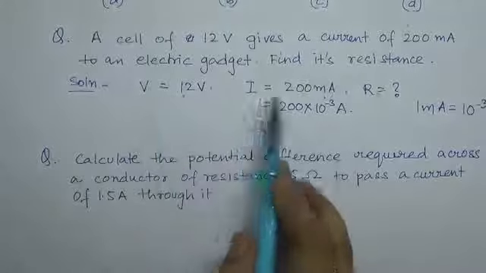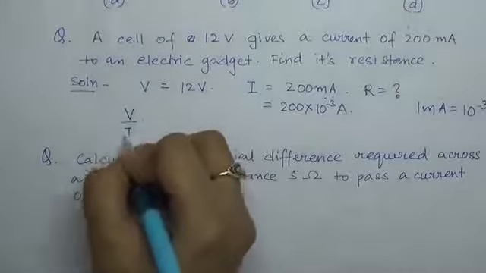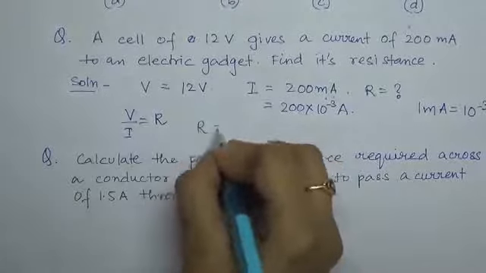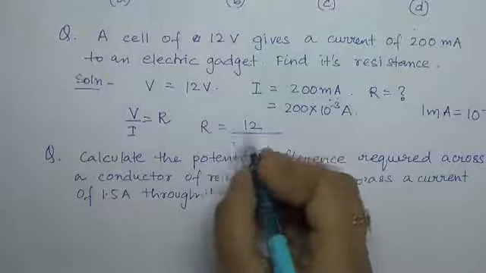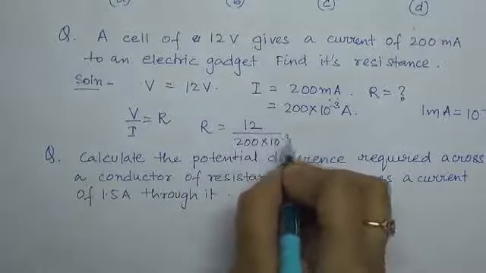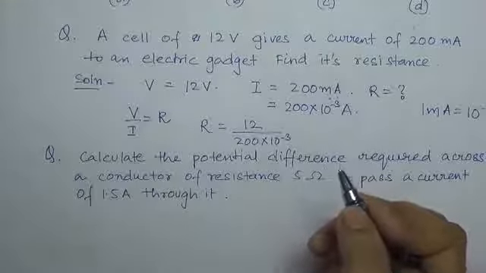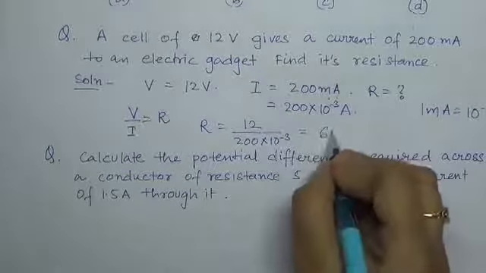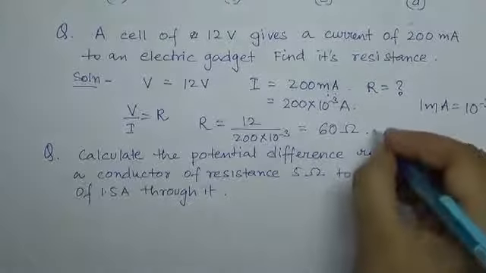We have V, we have I, we need to find R. According to Ohm's law, V by I is equal to R. Therefore, R is equal to 12 divided by 200 into 10 to the power minus 3. When we calculate this, we get 60 ohm. That is our answer.